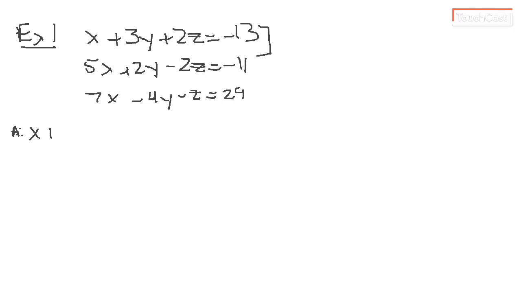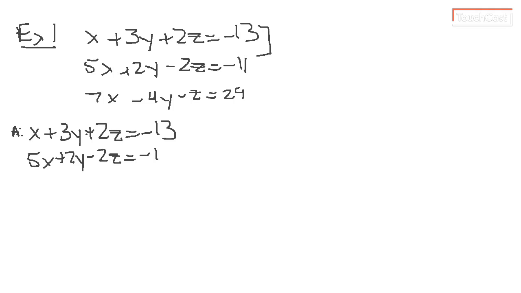We're going to take x plus 3y plus 2z equals negative 13, and then we're going to add 5x plus 2y minus 2z equals negative 11. So the z terms are gone. When I add the x terms, I get 6x plus 5y equals negative 24.